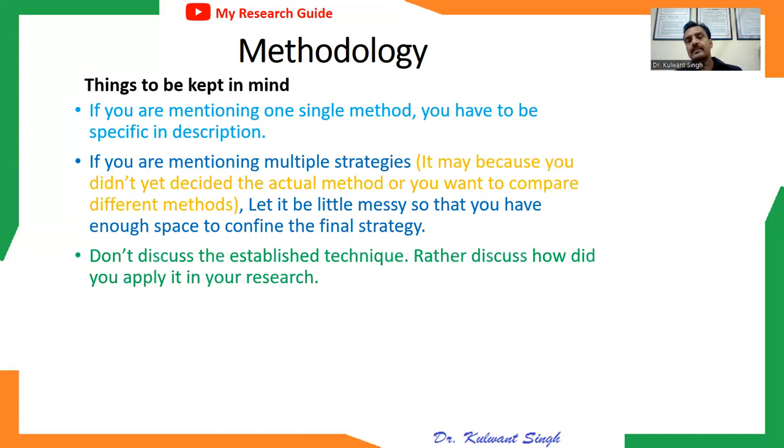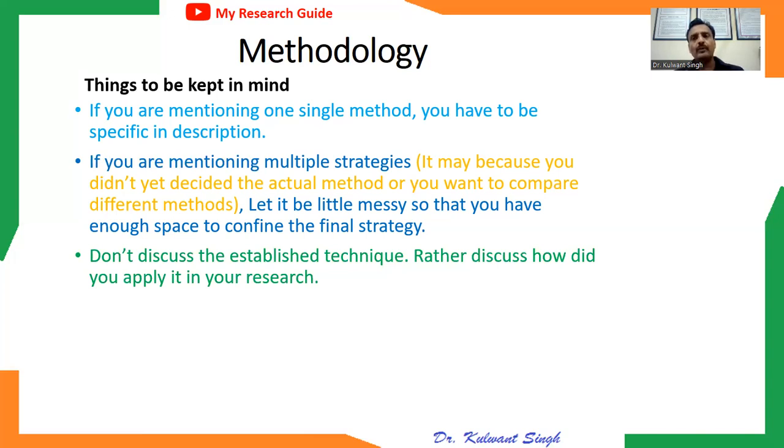So we have to write things in such a way that it is a little bit messy. Do not discuss the established technique. Rather, discuss how you applied it in your research work. Generally, scholars or students elaborate the technique they are using, how that particular method will work, the basic information about the technique.